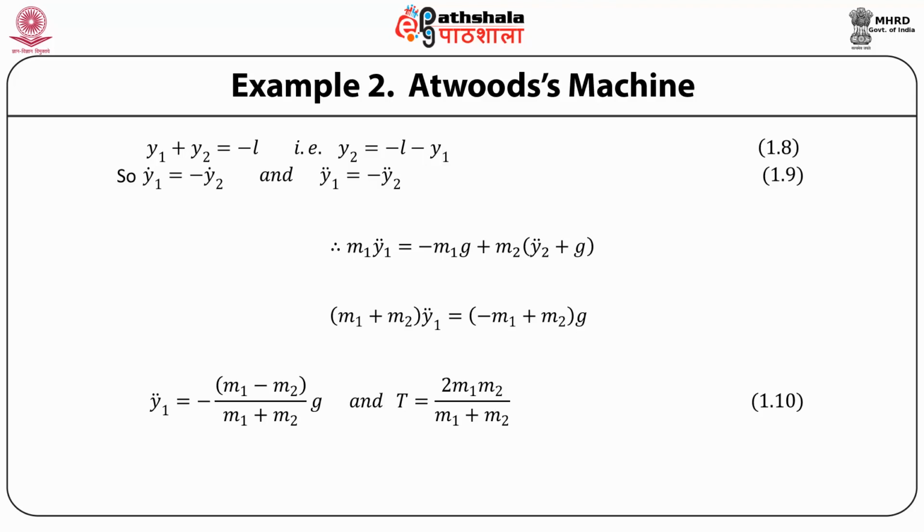Therefore, y1 double dot is equal to minus (M1 minus M2) divided by (M1 plus M2) into g, and we can use this to substitute in any of the equations to obtain the tension, and the tension is given by 2 M1 M2 divided by (M1 plus M2) into g.